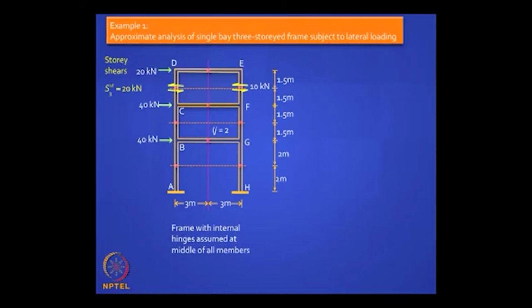What about the next story, the second story? There you are, it is 20 plus 40 divided by 2, you get 30 30, and then the third one will be 50 50. Is it clear? I have marked those arrows to show you the direction at the end of that element. Is it clear? This is an easy thing for you to do. Now that you have got this, can you get the column end moments?